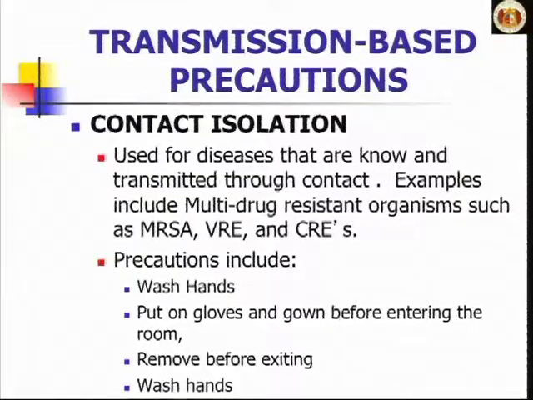Precautions include basic things like hand washing. One of the differences is you put these patients, when you can, in a private room, or you cohort them with another patient, or put a partition between the patients when that's not possible. And you put on gloves and a gown before you enter the room, and you remove those before you exit the room and wash your hands.